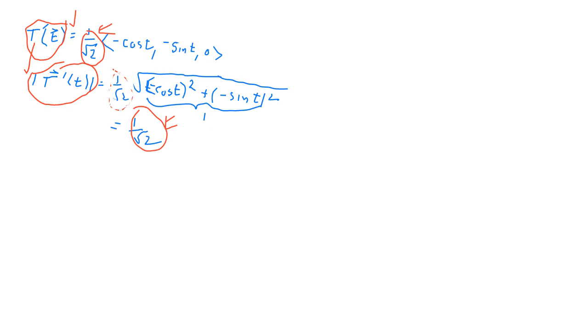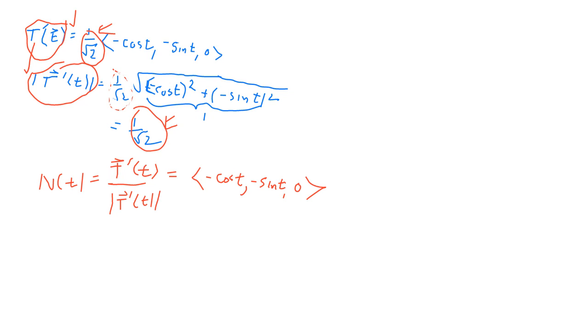And so the normal vector, which is the derivative of my unit tangent vector over the length of the derivative of the unit tangent vector, is just going to be equal to negative cosine of t, negative sine of t, and 0. Okay, is that okay?